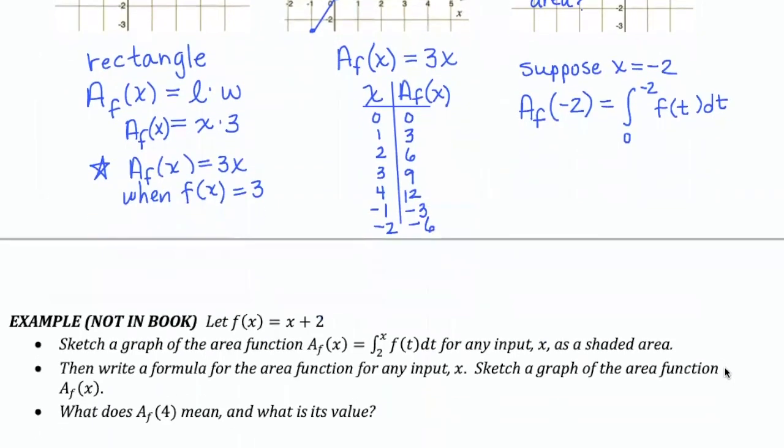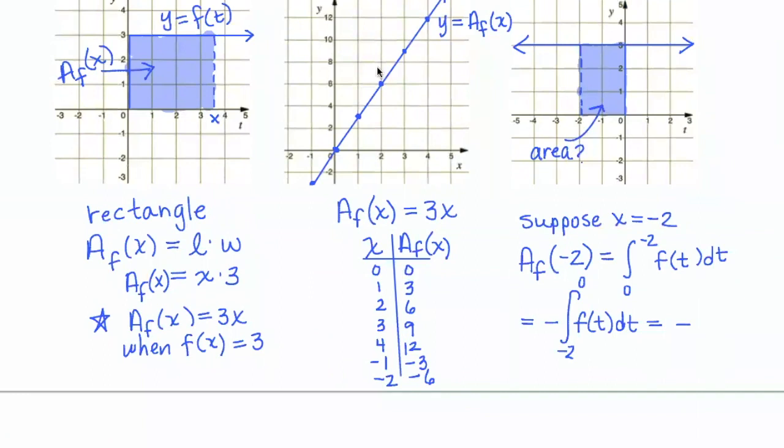Now, in the previous section, we talked about when your upper limit is actually smaller than your lower limit, that's equivalent to taking the negation of the integral with switched limits. Okay, so I do that. So this says my answer for -2 should be negative, whatever the area would be from -2 to 0.